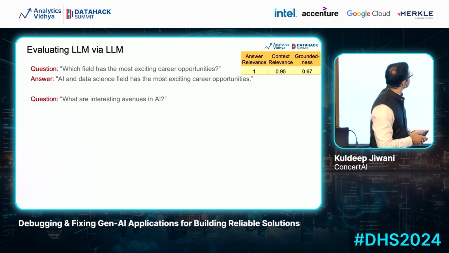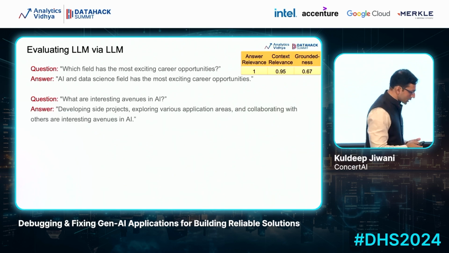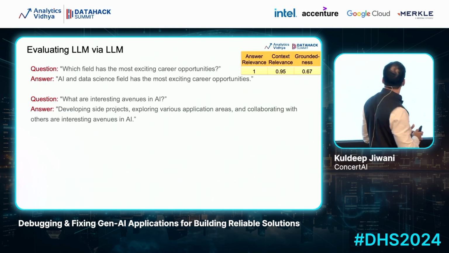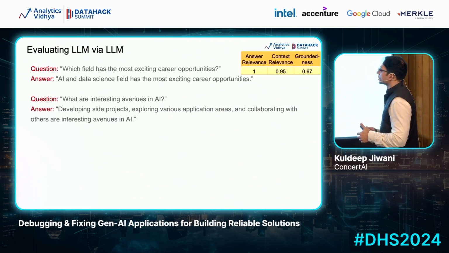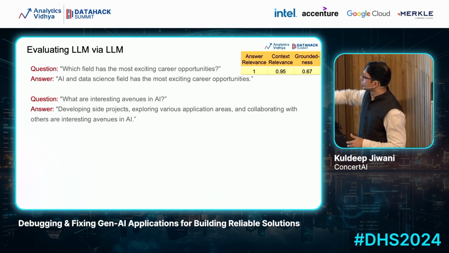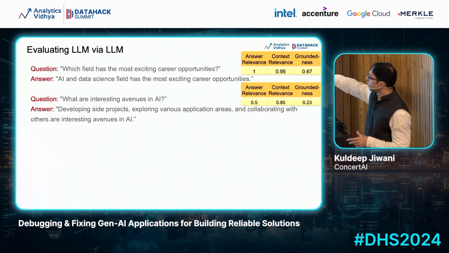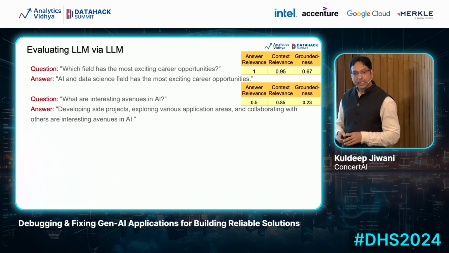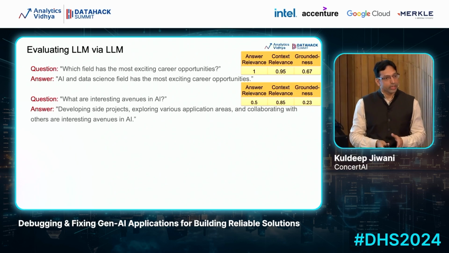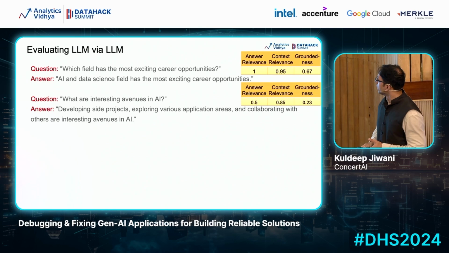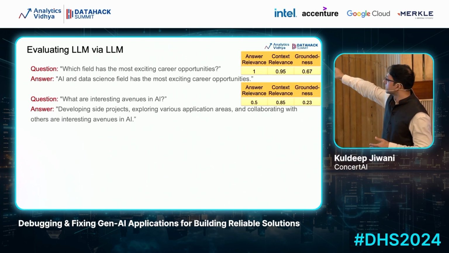But take another question, which was more vague. It's asking what are the avenues. It's talking about maybe doing projects, all those things. So it's not really that close to what we're asking. Look at the scores and you'll see the relevance goes down. So you can easily look at that, is it doing good or bad? You can easily quantify it using these scores: is the answer good, is it grounded in the evidence or not?